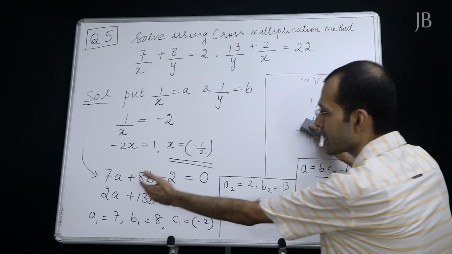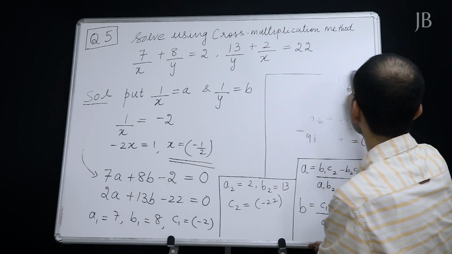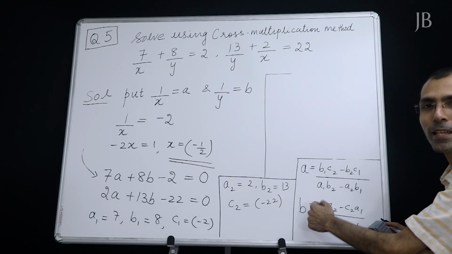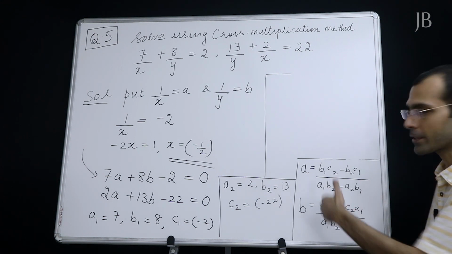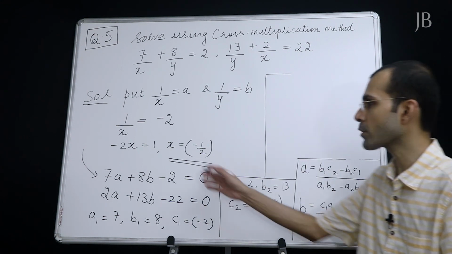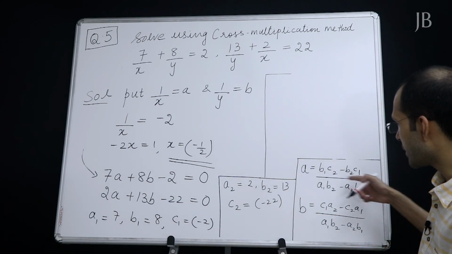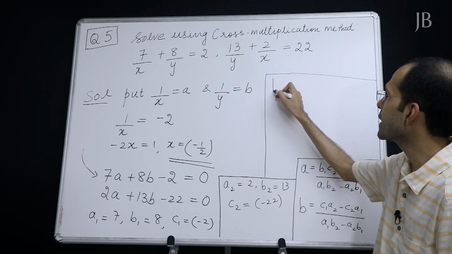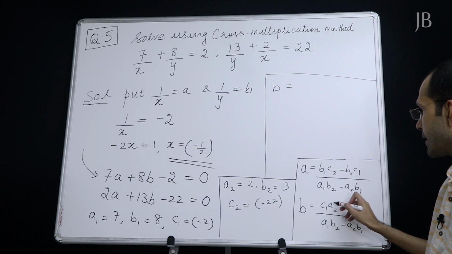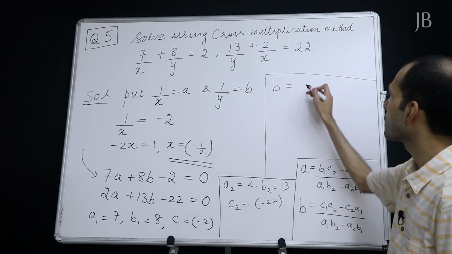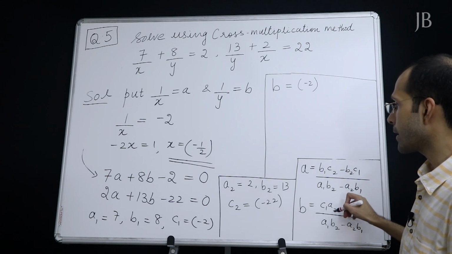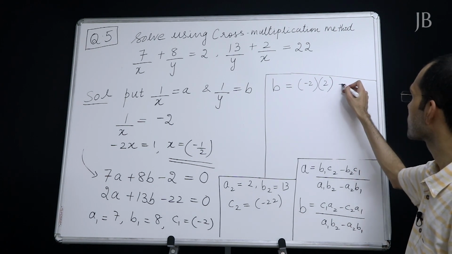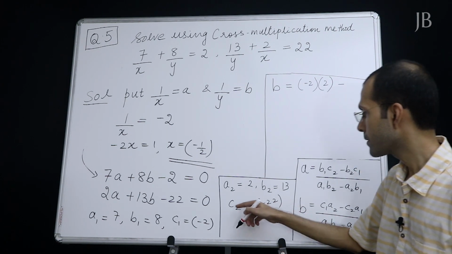That is our second root because the equation is in a and b. So we will use this now, b equal to. See, the formula will remain the same. Instead of x and y, it will be a and b. If the equation was in m and n, then this would be m equal to and this would be n equal to. Now b equal to C1 A2, minus 2 A2, minus C2 A1.